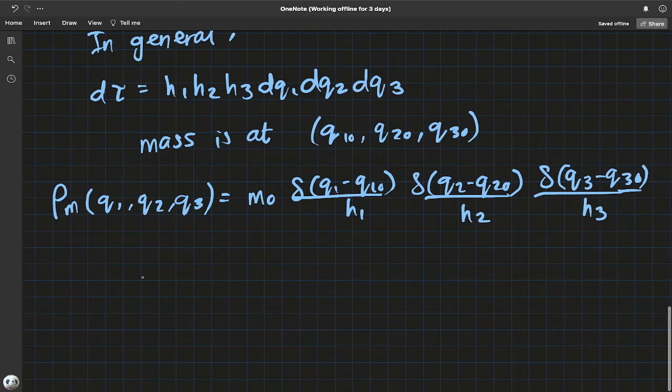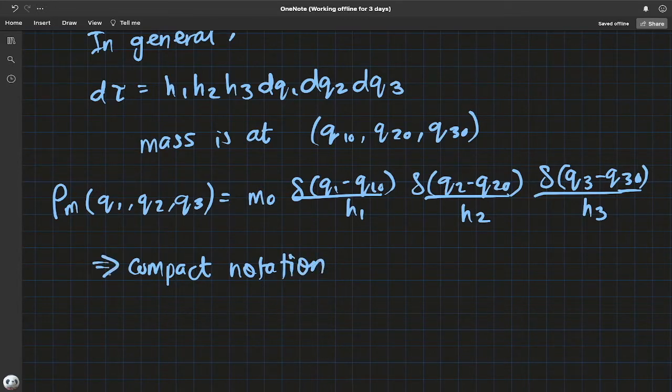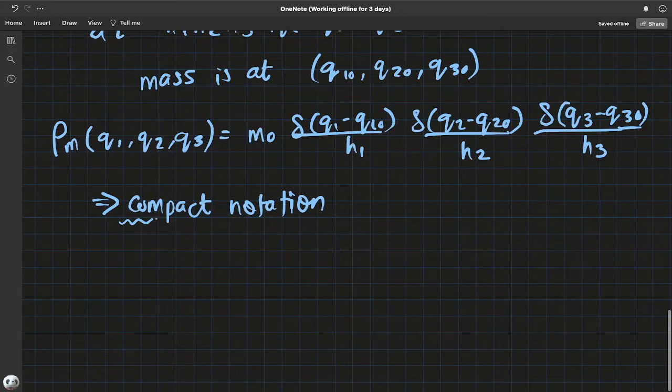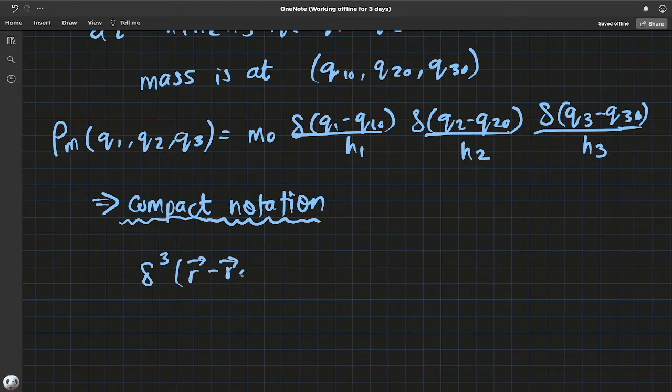Now, the compact way of writing it, and this will probably be extremely useful if you're writing a research paper in the future. If you use this compact notation, everyone who knows what you're talking about understands, and you save a lot of space. So delta cubed, or say delta 3 of r minus r naught, actually means that there are 3 deltas.